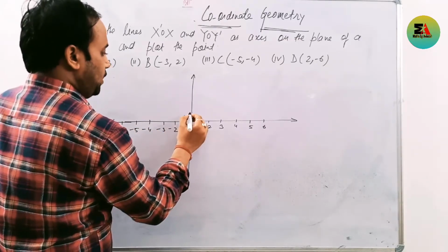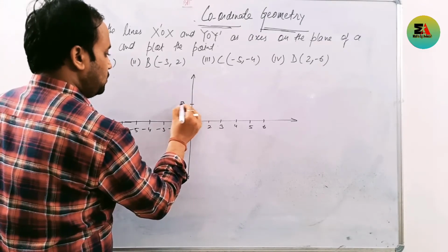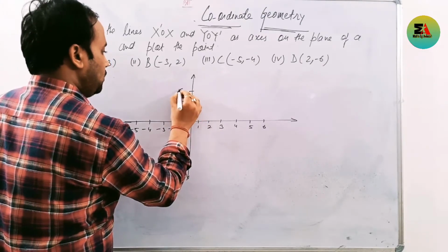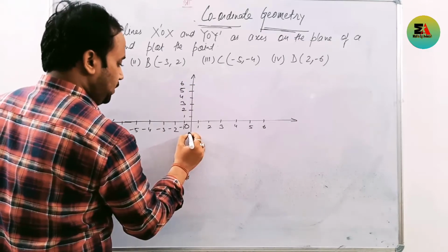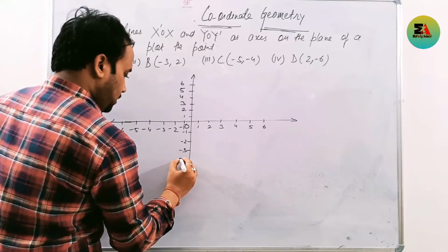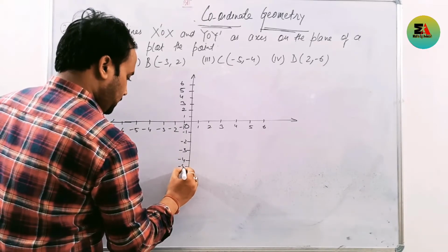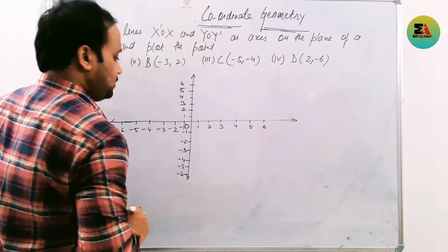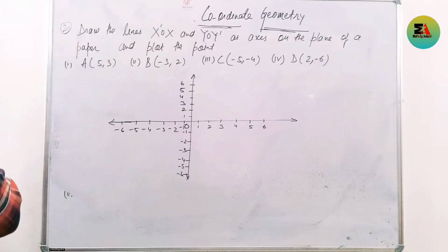Same above: 1, 2, 3, 4, 5, 6. Same below: -1, -2, -3, -4, -5 and -6. Clear? First you have to mark the numbers in this way.